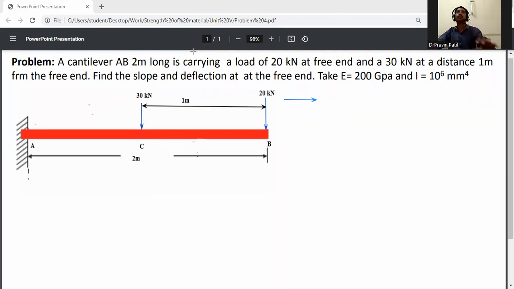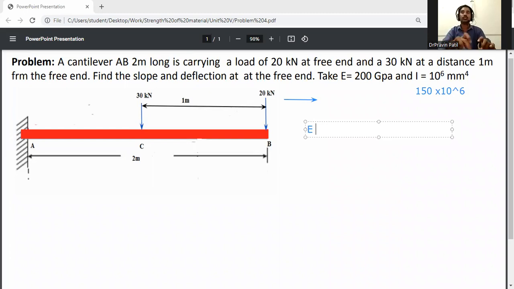Sorry, I will write down the value of I. It is given as 150 into 10 raised to 6, so I is 150 into 10 raised to the power 6 mm raised to 4. First of all, this EI needs to be converted to kilonewton meter square.